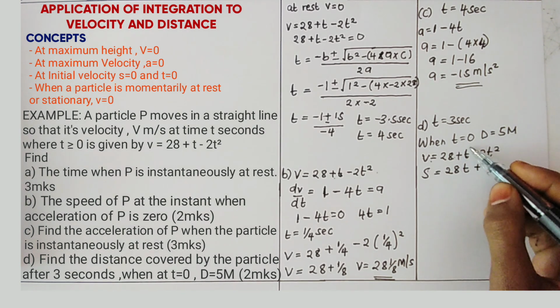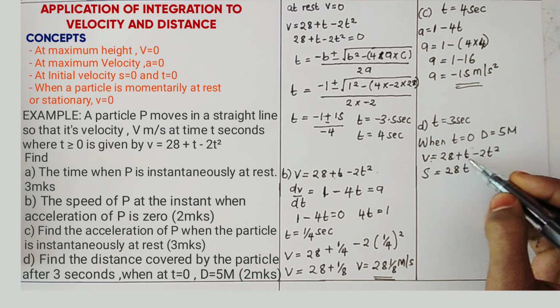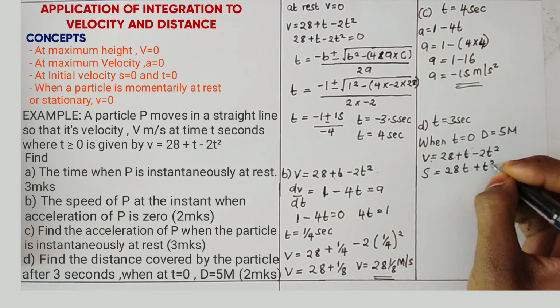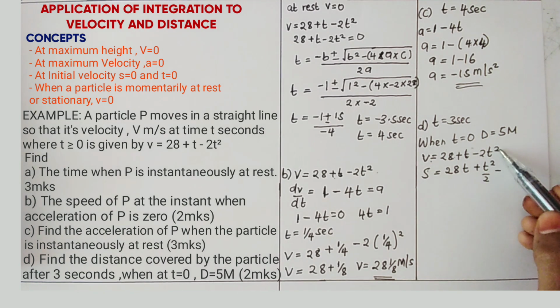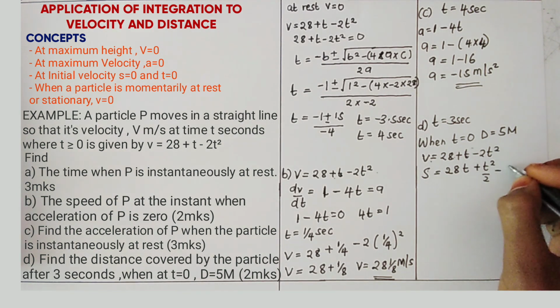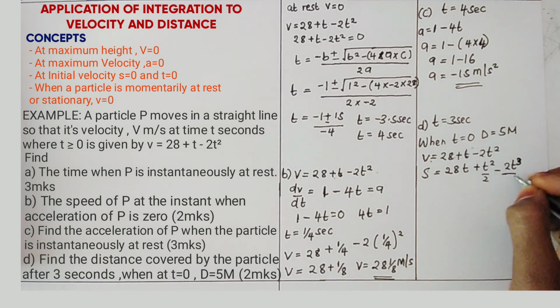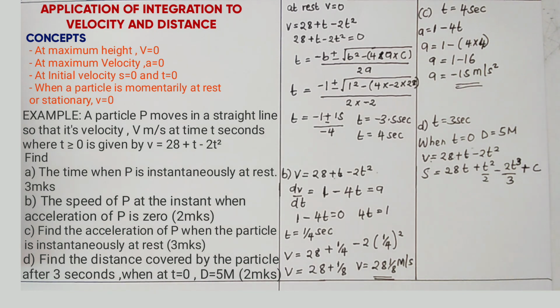It has a power of 1, I add 1. So I get t squared. I divide it by the new power, I get t squared divided by 2 minus, I have 2t squared. So t squared, I add 1, I get t cubed. I divide by the new power, negative 2t cubed divided by the new power, which is 3. And I also have the constant of integration, that is c.